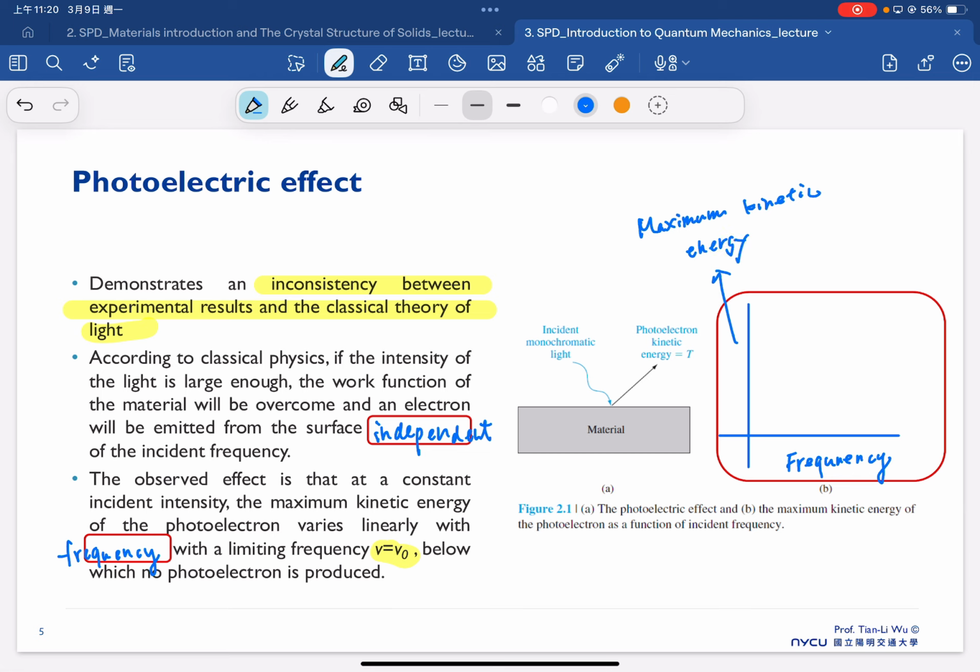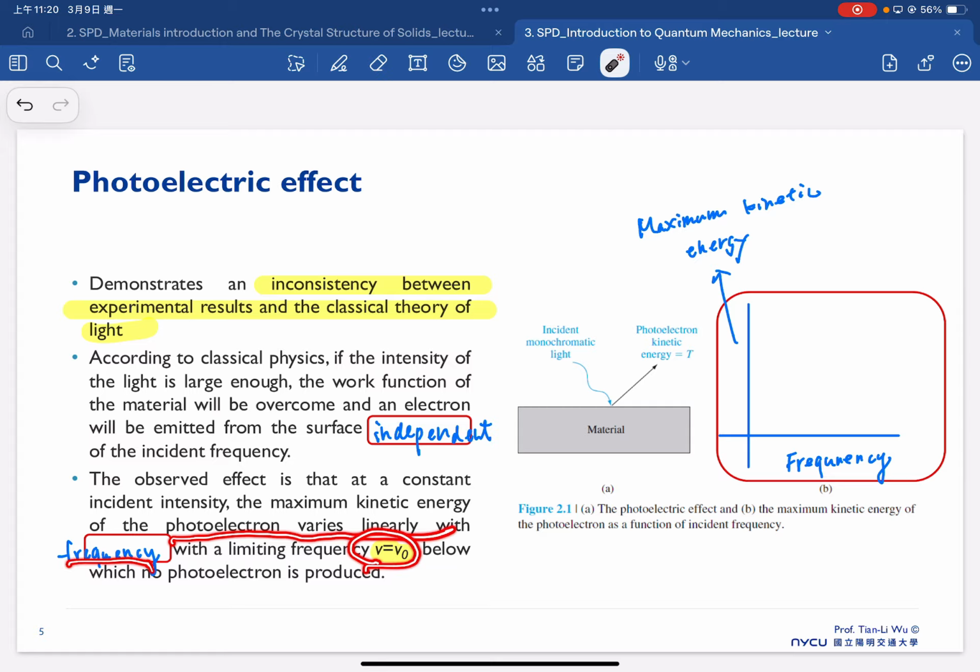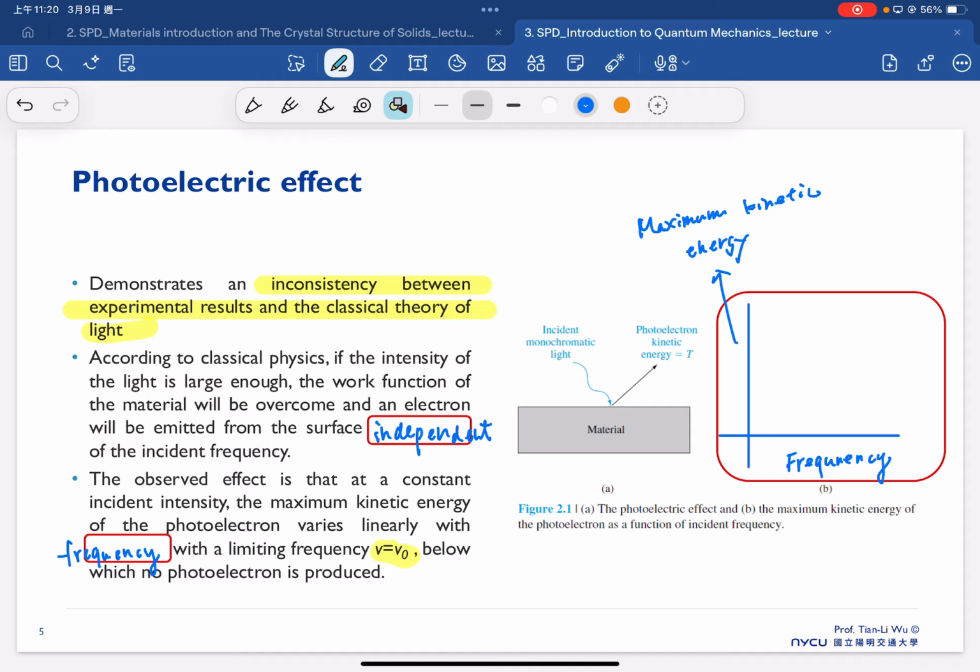The observed effect is that this varies linearly with the frequency, with a limiting frequency of ν equal to ν0. This suggests that beyond a certain frequency, we start to see a linear increase with frequency. So that's the photoelectric effect.